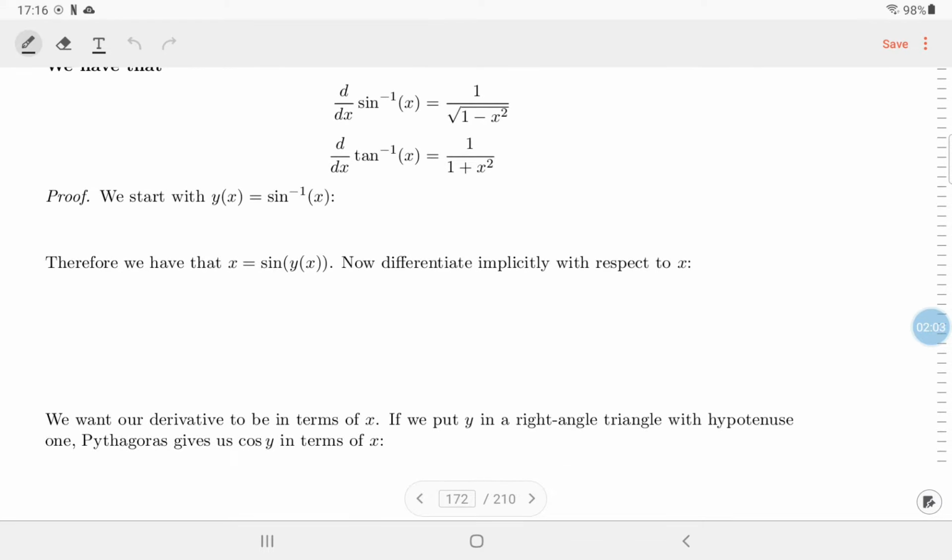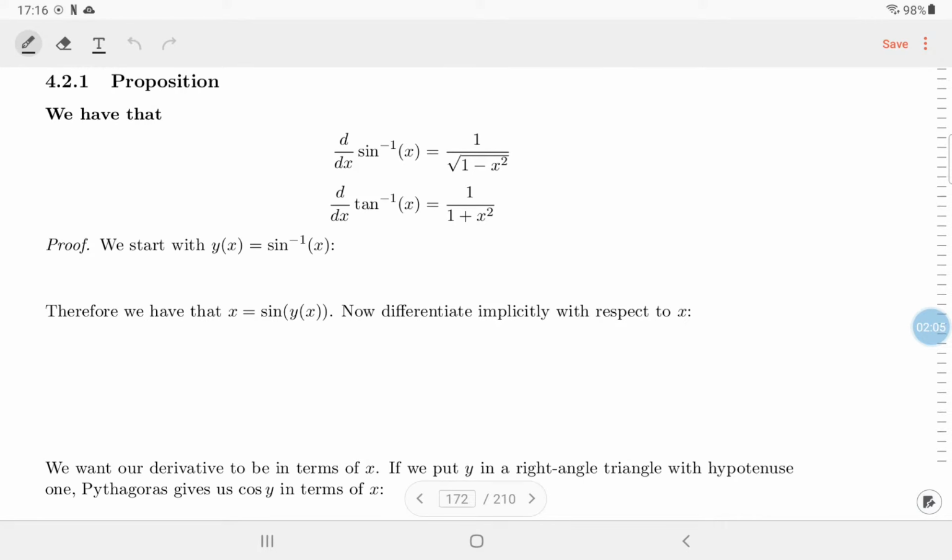So how do you differentiate inverse sine? Where does that formula possibly come from? What you start with is you say y of x is equal to inverse sine, and I'm going to write it this way: inverse sine of x is equal to y. If you take the sine of both sides, the sine is the inverse of inverse sine, so you're left with x.